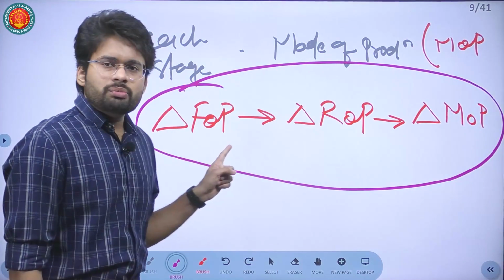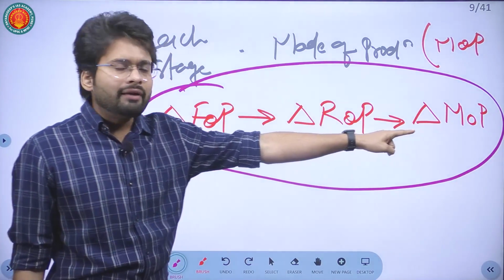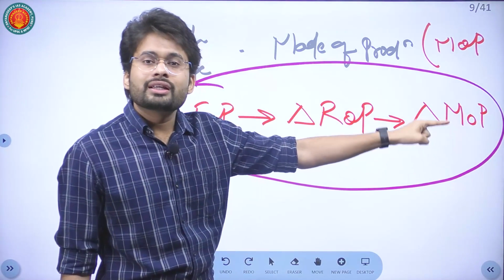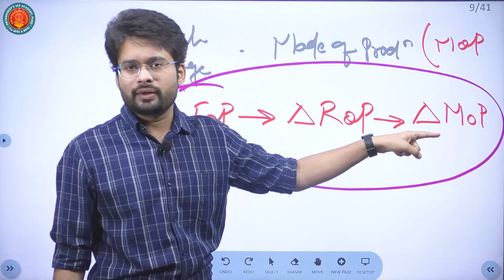The change in the factors of production leads to change in ROP, leads to change in MOP. And what is MOP, or the mode of production? MOP is each stage in the progression of the society.